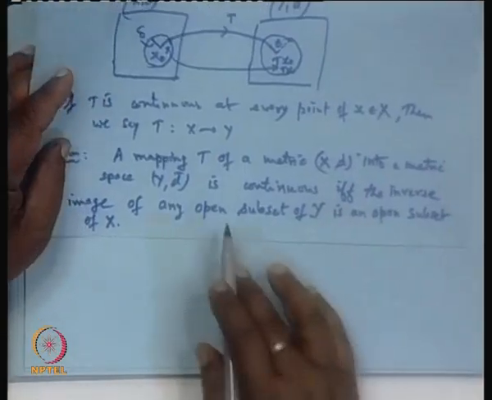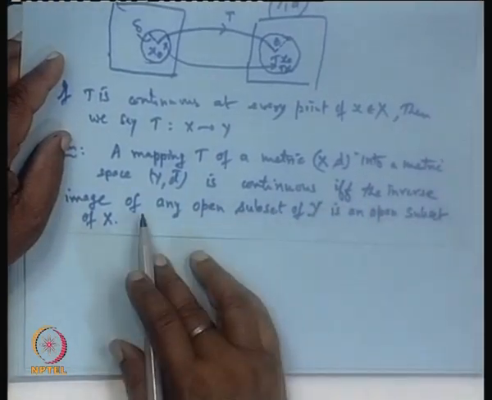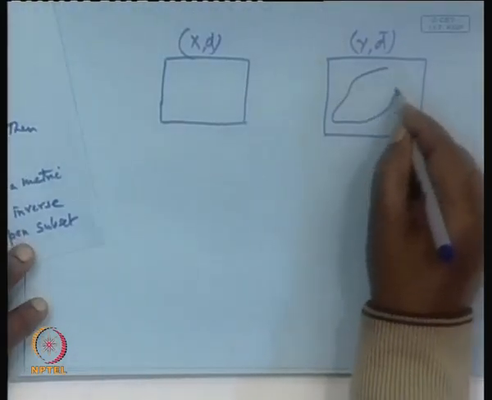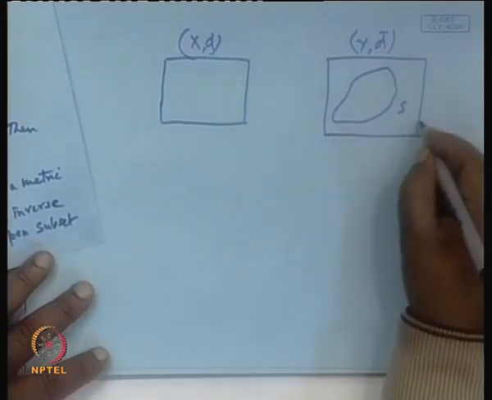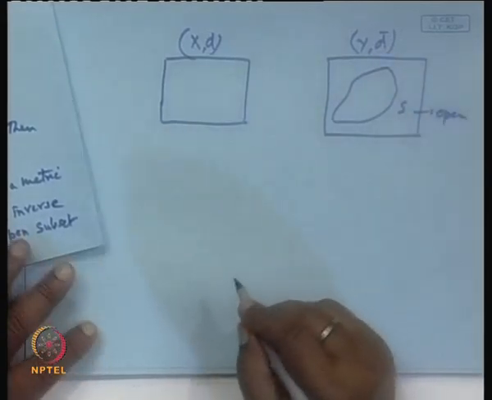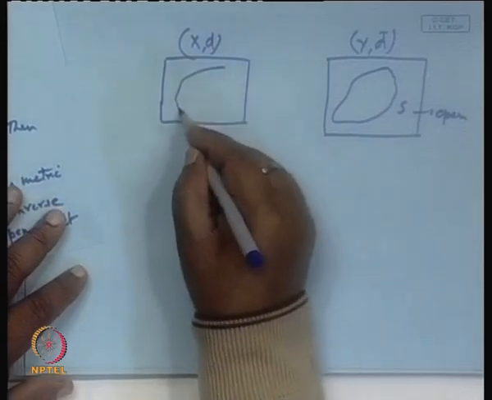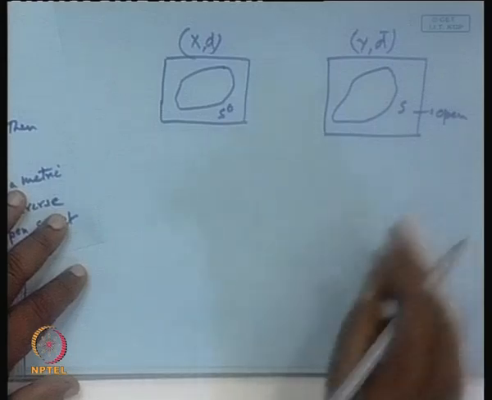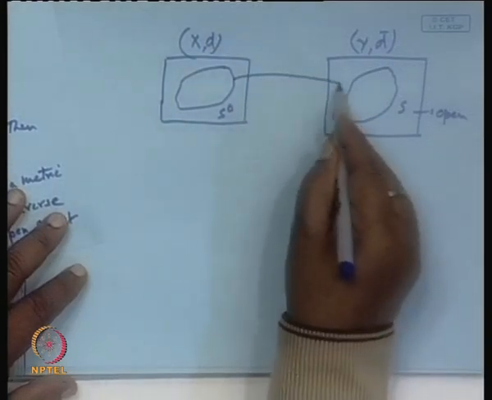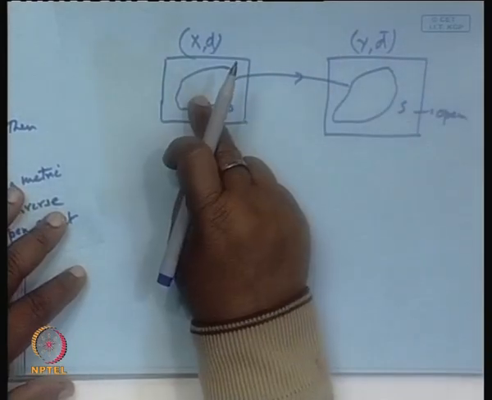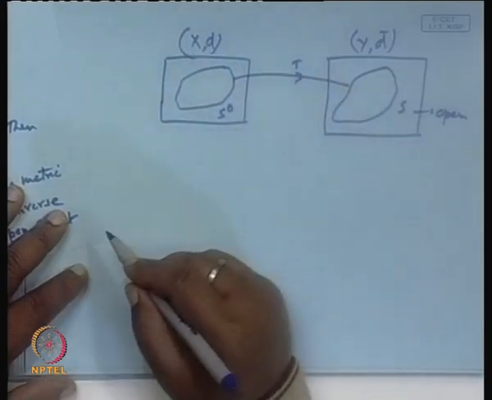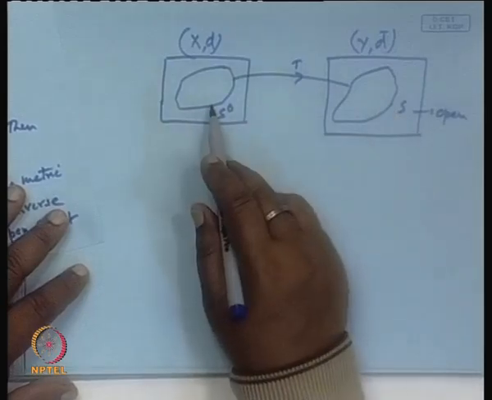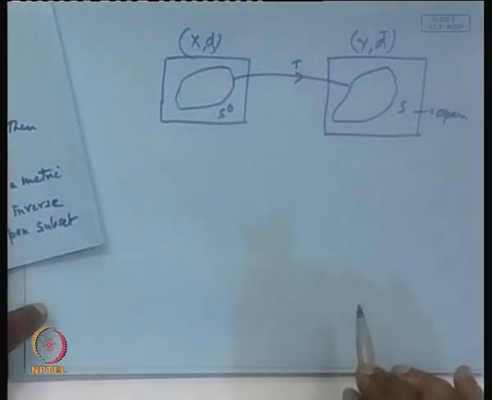This mapping is continuous if the inverse image of any open subset of Y is an open subset of X. So, suppose I take this S which is an open set and the corresponding inverse image, say S naught. What this says is, if the inverse image of this open set is open, then T will be a continuous function, and vice versa, if T is continuous, then the inverse image of an open set will be an open set. The proof is like this.